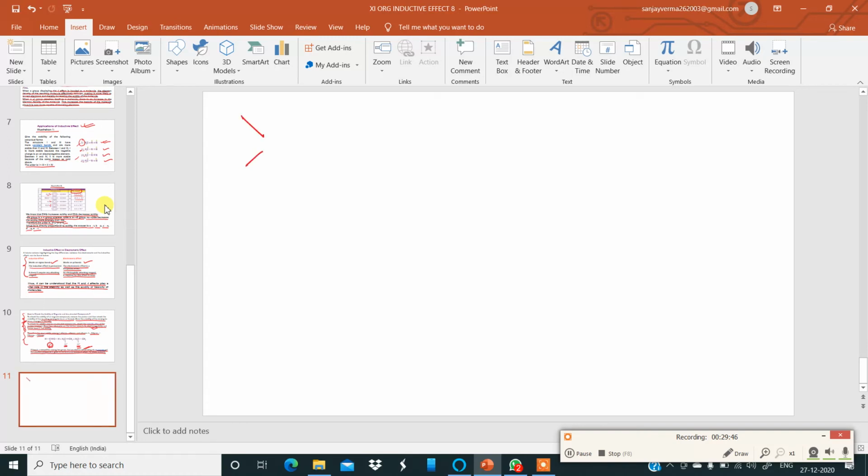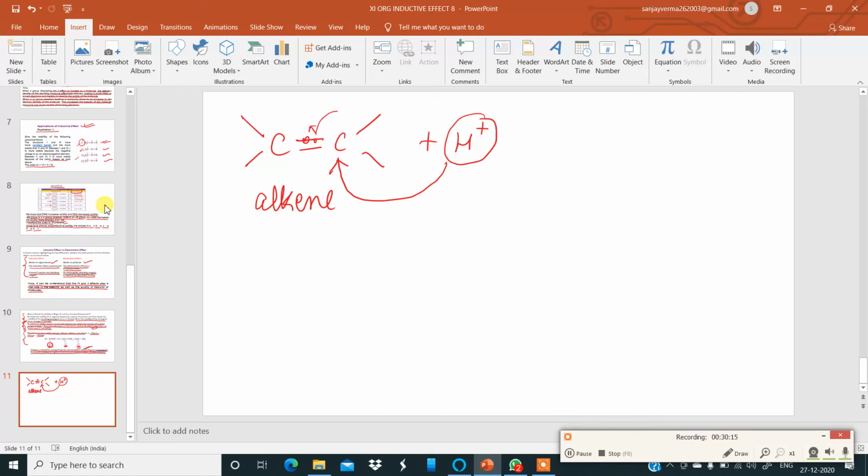Say there is a carbon-carbon double bond species. It is an alkene. And I bring an attacking species like H plus, a proton. So this proton, by using its positive charge, if it attacks over here, then the pi electron pair has to fall over here.